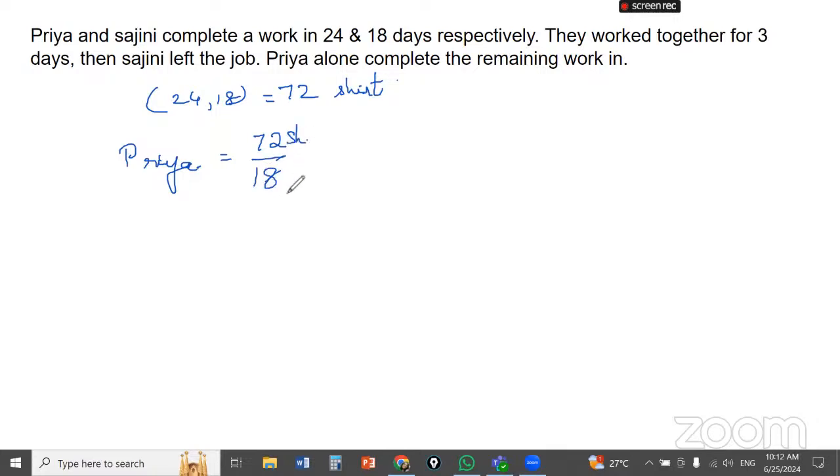This is shirts and this is days. Not 18, sorry, 24 for Priya. So Priya takes 24 days here.